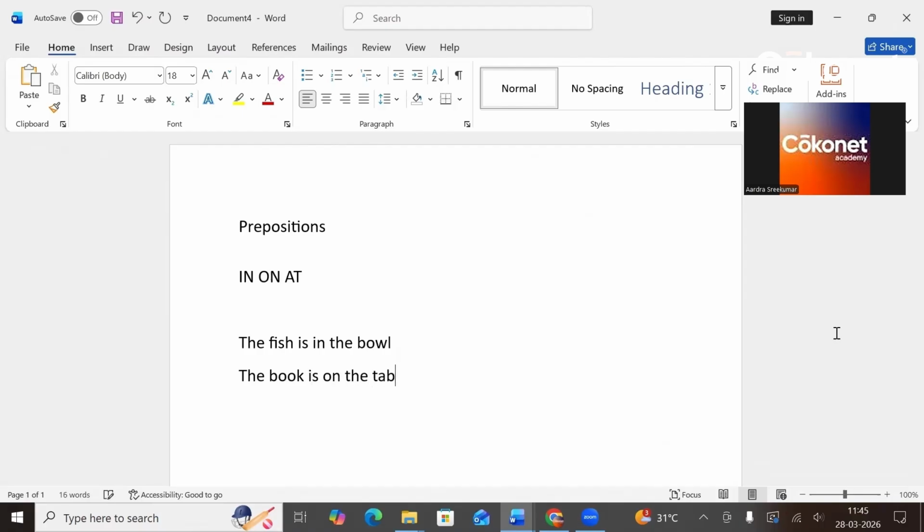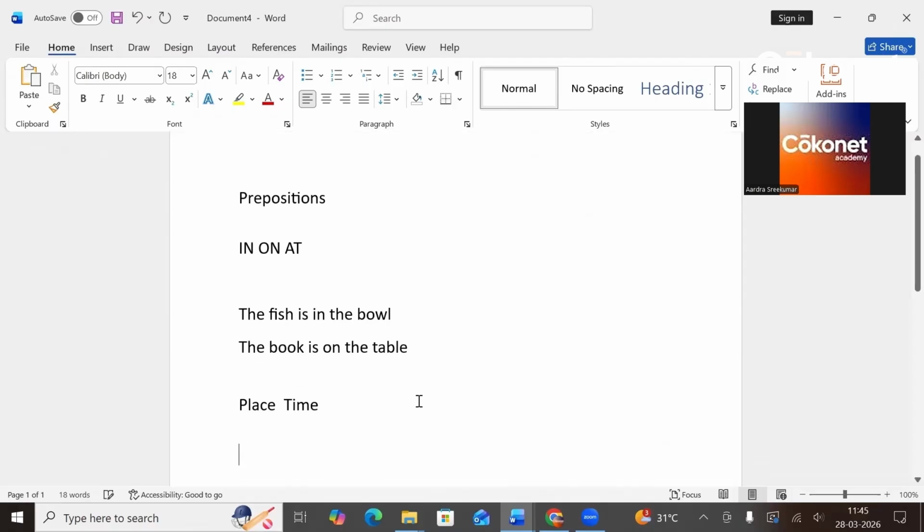Now, for you to get an easier understanding of what in, on, and at are, let's classify the meaning into two broader categories, which are place and time. So the meaning of in, on, and at slightly varies across these two broader areas. Okay, let's look at place and time separately.